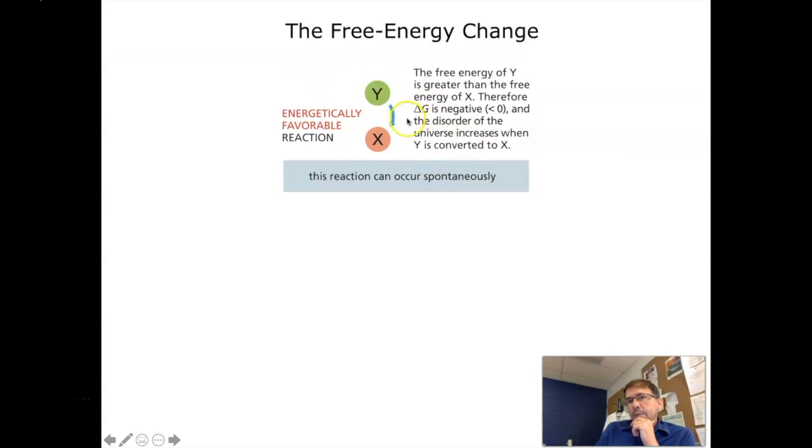Why is the free energy negative between these two states with a spontaneous or favorable reaction? It's because there's the release of heat energy, which is lost and not useful energy. So the free useful energy before and after is negative because some of that energy has been lost as heat.